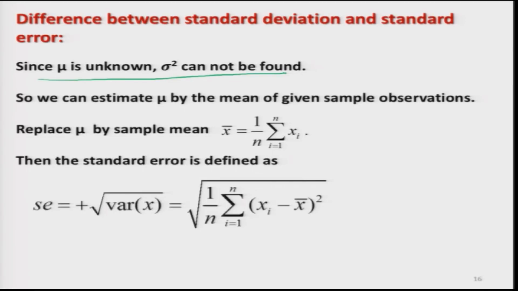So, one option is that we can replace the value of mu by its sample counterpart. When I say mu, this is the population mean. So, this is equal to 1 upon the total number of units in the population, which is the population size, i goes from 1 to the population size, of x.